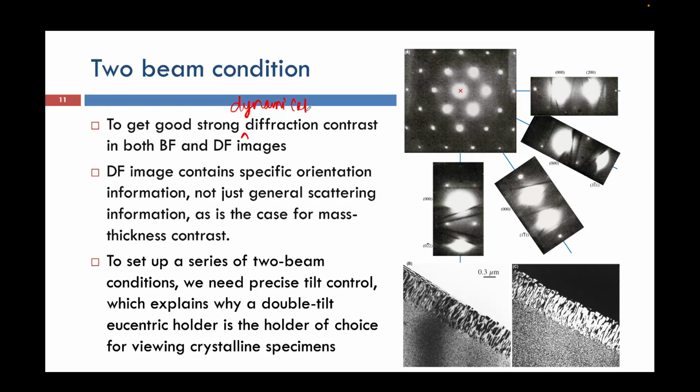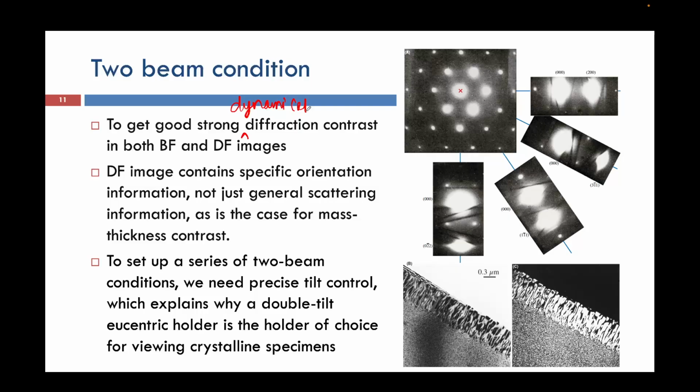And the dark field image, we know, contains specific orientation information. Why not any general scattering? Because we get the specific orientation only when diffraction is happening in our material.